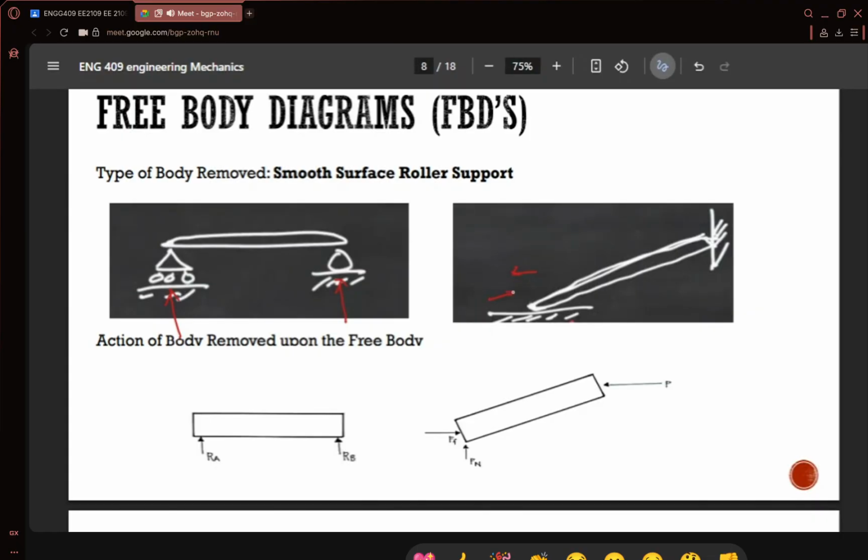It's because there's a frictional force, F sub F, preventing it. Okay? And then this is a smooth surface, so you'll have a normal force. Also for this one, this is also a surface, so you'll have also a normal force here.